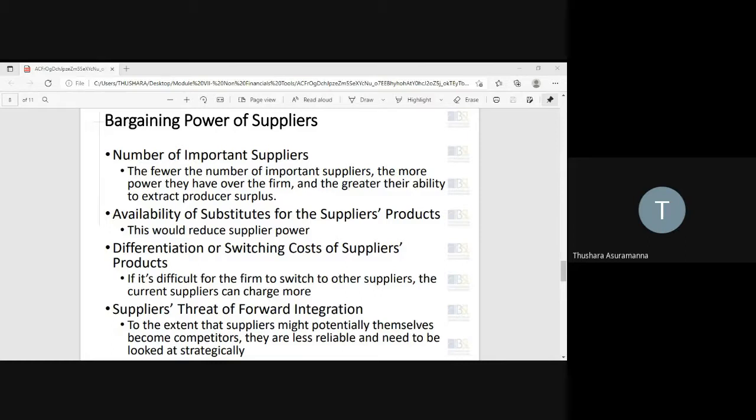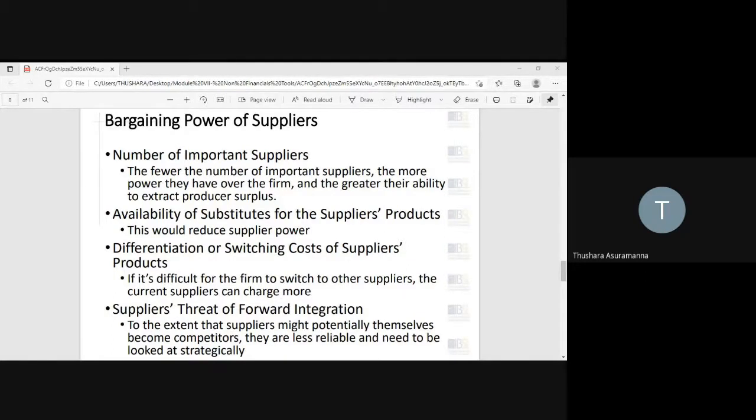Third one, differentiation or switching cost. Let's say now you are trying to get some mold done by a supplier. You have invested heavily, and you know that if you want to make your shoes as expected or as demanded by the clients, you need to get the same sort of base from that particular supplier. Why? He is the only one having that mold.